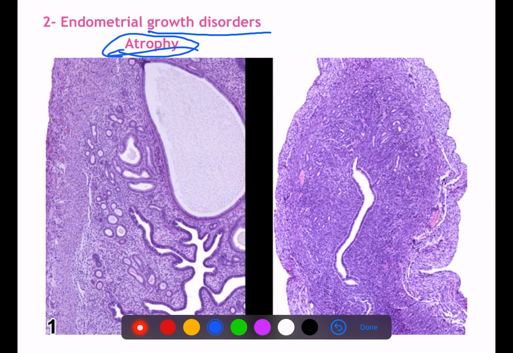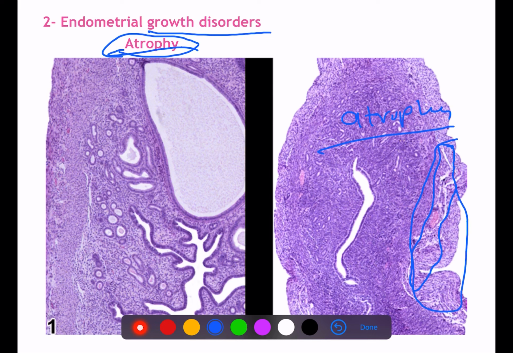Before we talk about endometrial hyperplasia, the endometrial atrophy on the histological level, as we saw in the lecture, shows the absence of the glands from the endometrium. In the right picture, the atrophy is clear within the endometrium.